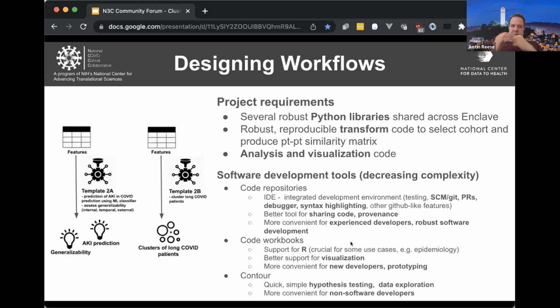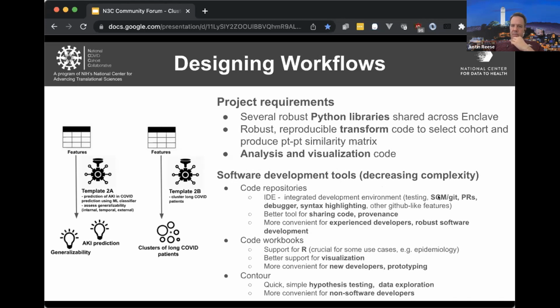So the tools that are available for this, in decreasing complexity, are code repositories. The nice thing about these is you get an IDE, an integrated development environment, and a lot of GitHub-like features that most software developers who've done this for a while are very comfortable with.